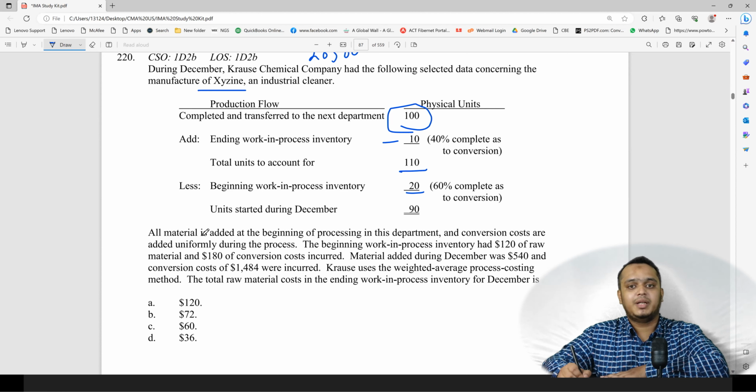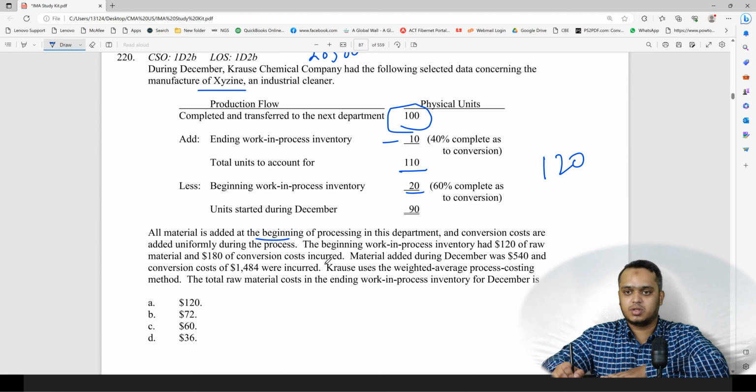All material is added at the beginning of the processing in this department, and conversion costs are added uniformly during the process. The beginning work in progress had an inventory of 120 of raw materials and 180 of conversion cost.